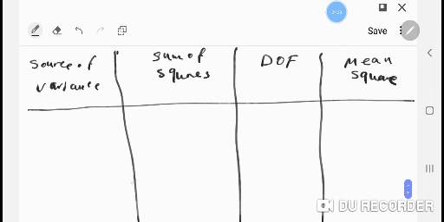The source of variance for between treatment.